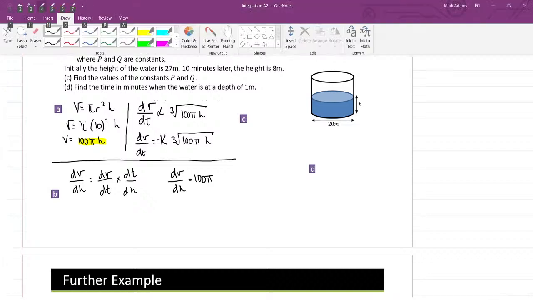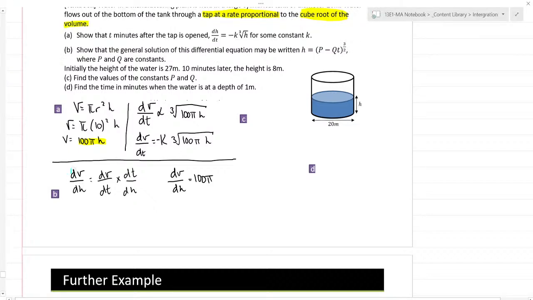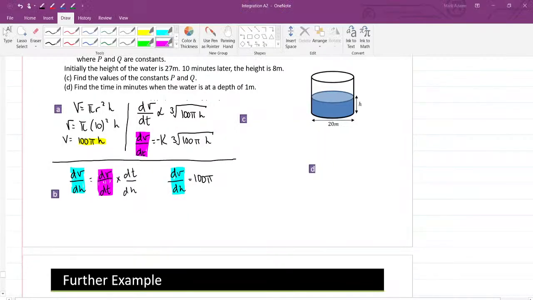I'll highlight the things I've got and where I've got them from. dv by dh is this, the blue bar. Everybody all right with that? dv by dt is this part here. And I'm trying to find out what dh by dt is. Everybody all right with that? So let's sub in all these values that I know.